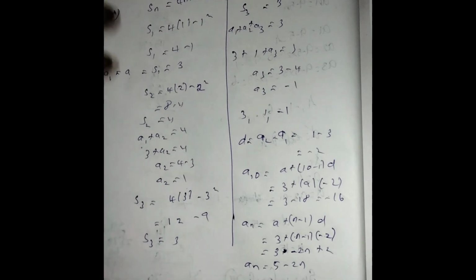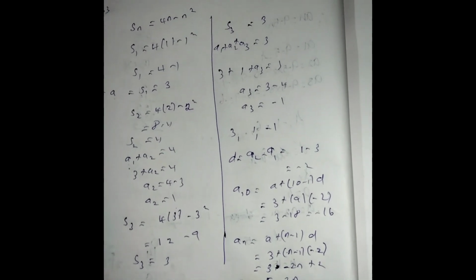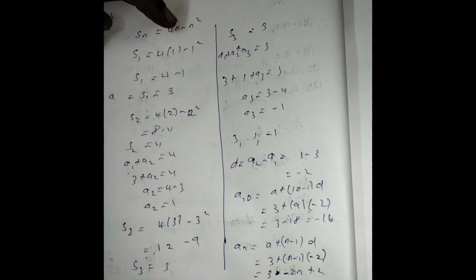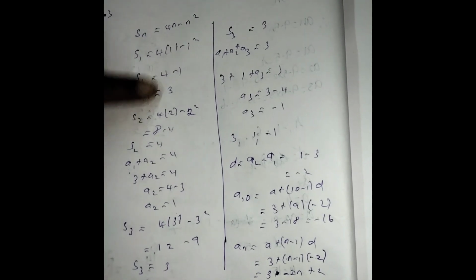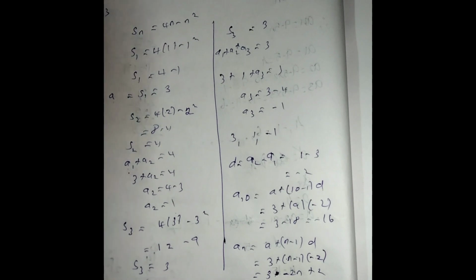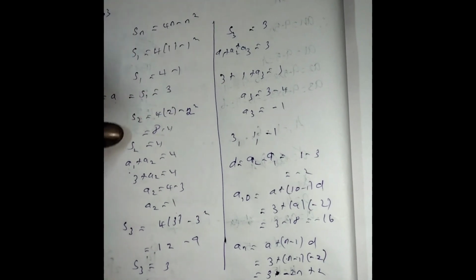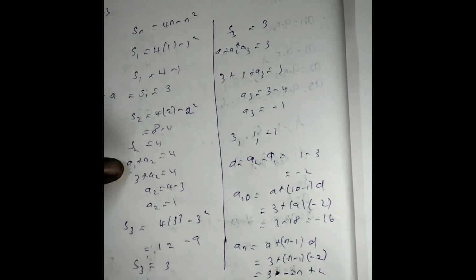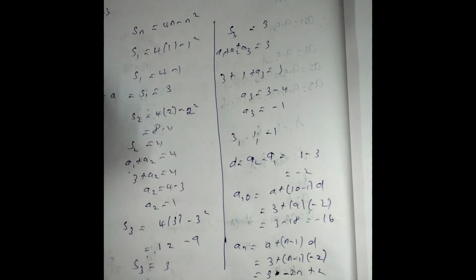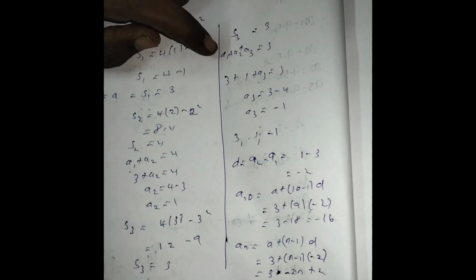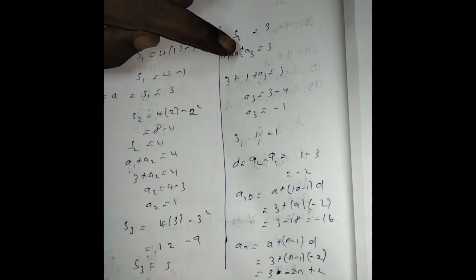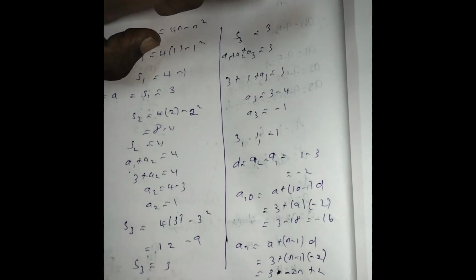So how to find the values when they give Sn equals 4n minus n squared? When S1, you have to understand S1 means the term A1, the first term of the AP. When S2 comes, the sum of two terms, A1 plus A2 equals 4. So with the help of A1, we are able to find A2. Like that S3, the sum of three terms, A1 plus A2 plus A3 equals 3.